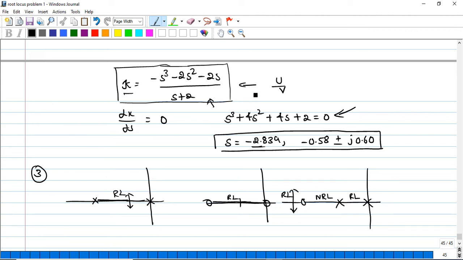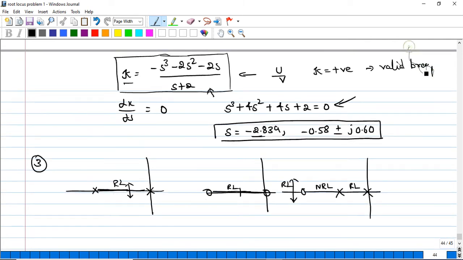If this K is positive, then it is a valid breakaway point. If it is negative, we consider it as invalid.